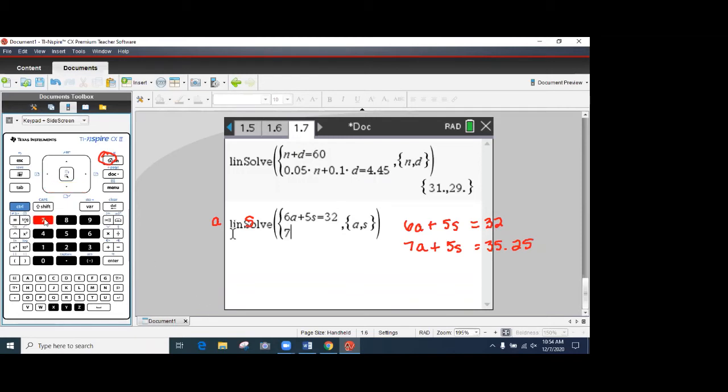The bottom equation is 7A plus 5S equals 35.25. Once you put it in, it's pretty easy. You're putting A, comma S just because we're using the A and the S. Does that make sense? Just hit enter from there.